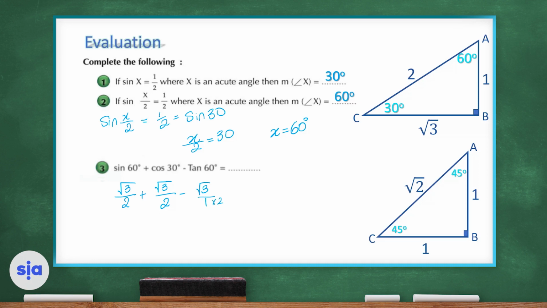So you multiply this by 2 up and down. So square root of 3 over 2 plus square root 3 over 2 minus 2 square root 3 over 2. The answer of this one is 0. So question 3, its answer is 0.